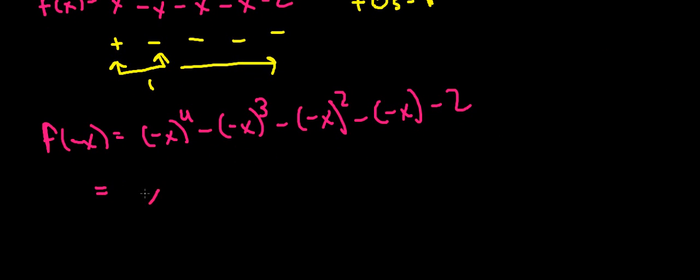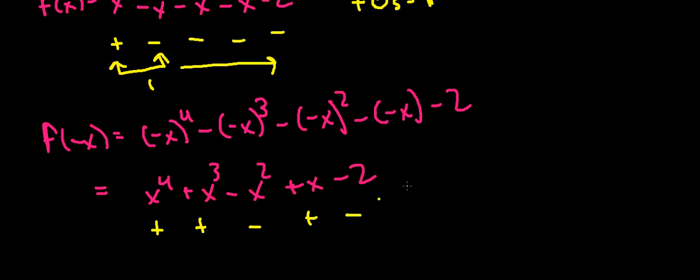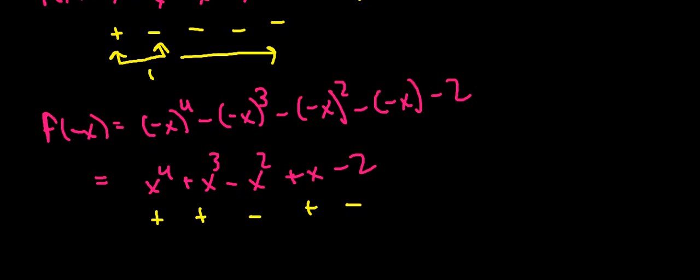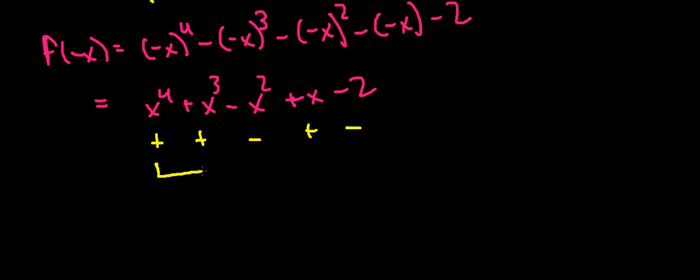So this is going to be equal to x to the fourth. Minus x times minus x times minus x is minus x still, so this can change to a positive x cubed. This is still going to be a minus x squared because the minus sign is cancelled out. A minus minus x, that's positive x, and minus 2. So this is a plus, this is a plus, this is a minus, this is a plus, this is a minus. So plus to plus, there's no change. Now plus to minus, that is one variation.